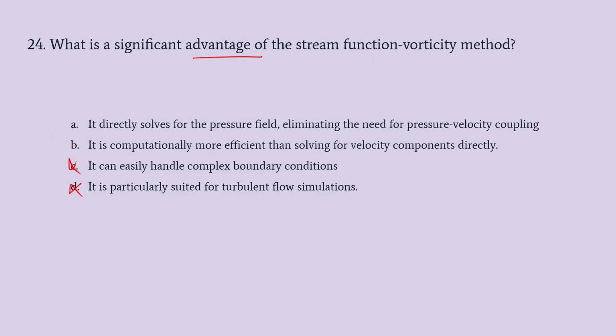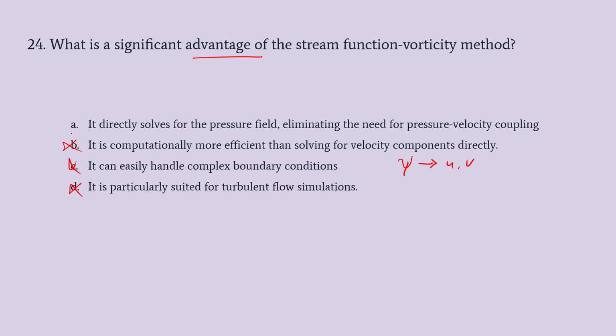Option B says it becomes computationally more efficient. That again we can eliminate because we are only indirectly solving for velocity components u and v. So we are finding psi first, then we are finding u and v. So it won't be computationally efficient.